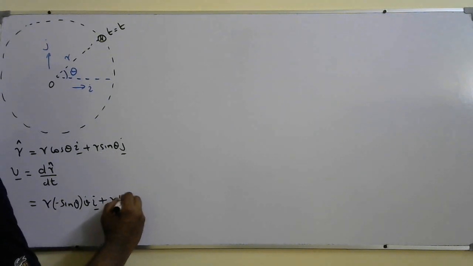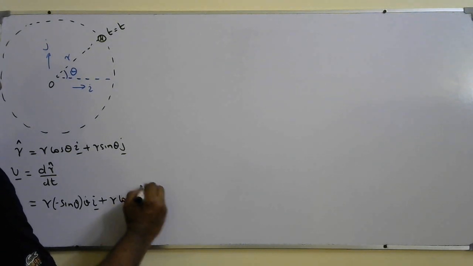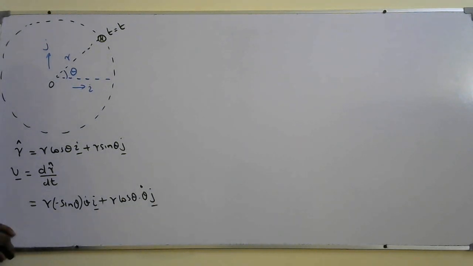If you differentiate, cos theta into theta dot in j direction. Okay, so that is the velocity vector in terms of the unit vectors i and j.